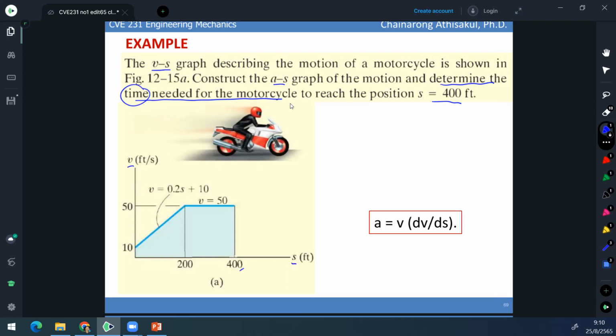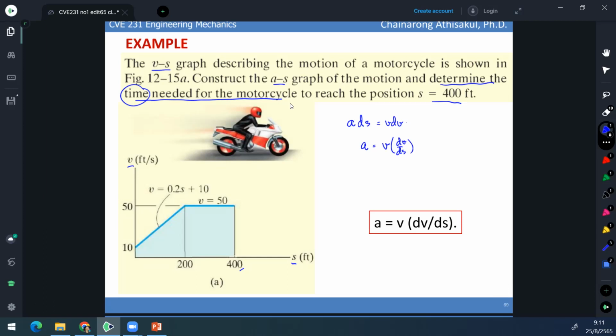We would like to construct the a-s graph, starting with the kinematic equation a ds equal to v dv. And then it means that the acceleration equals velocity times the slope of the v-s graph.